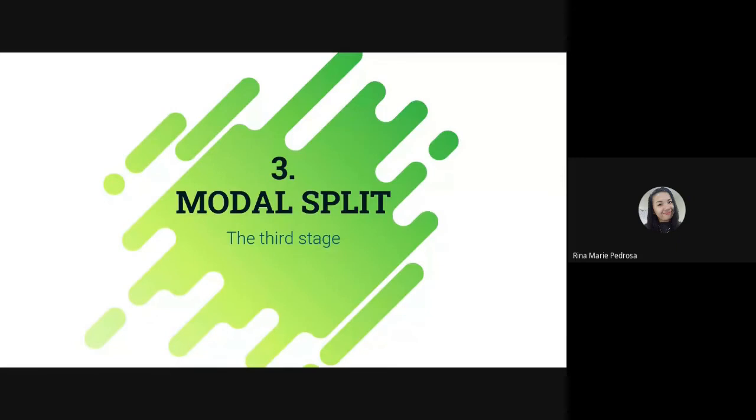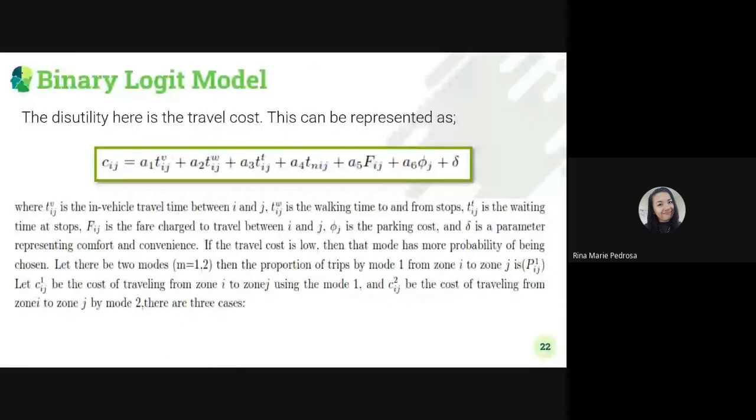So let's start with the binary logit model. The binary logit model is the simplest form of mode choice, where the travel choice between two modes is made. The traveler will associate some value for the utility of each mode. If the utility of one mode is higher than the other, then that mode is chosen.